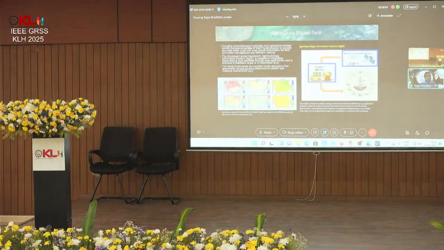A case study I wanted to go over where we are assimilating different remote sensing observations and coupling it with a hydrology and a crop model. That allows us to demonstrate the value of remote sensing observations from various satellites.